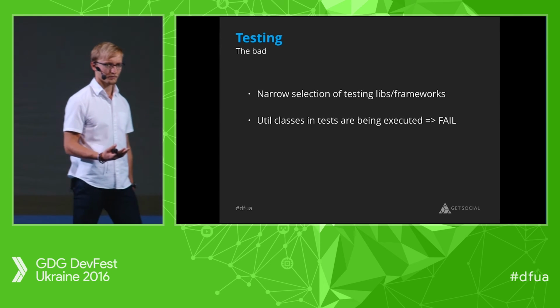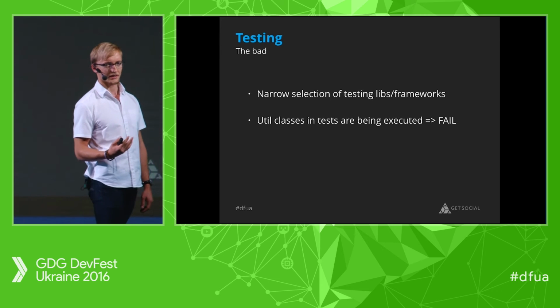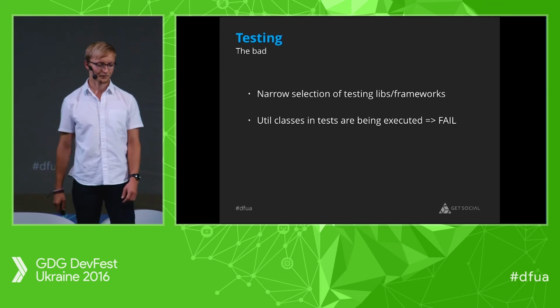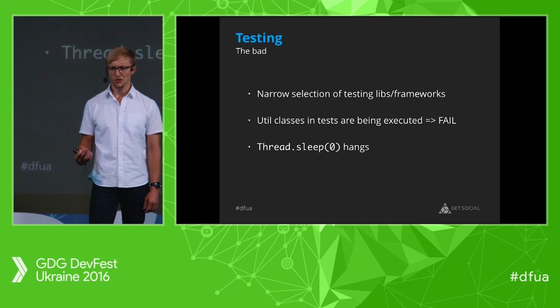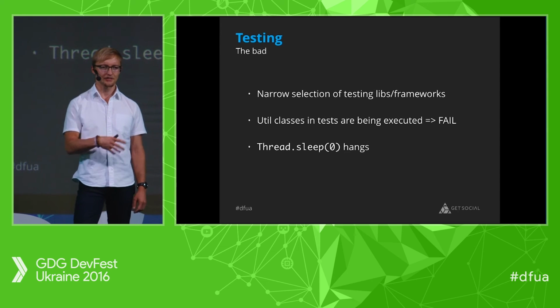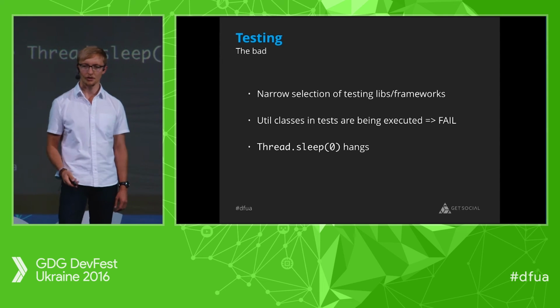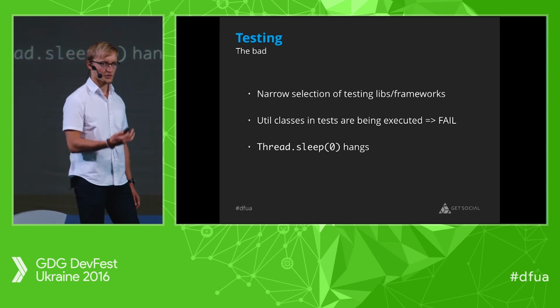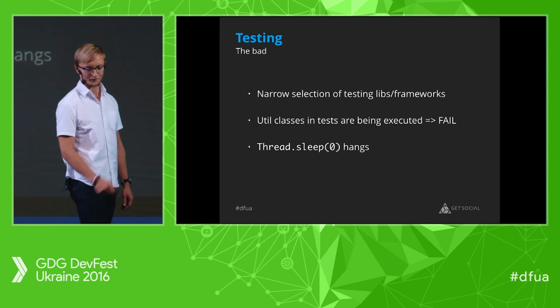To solve this problem, our team added a convention that classes that contain tests just have to have a Test suffix, and in the Gradle plugin you can specify a filter to run tests only on classes that match the file pattern. And there are some other issues, like with threading. If you use Thread.sleep, for instance, in your test code, most likely your Objective-C tests will hang up.